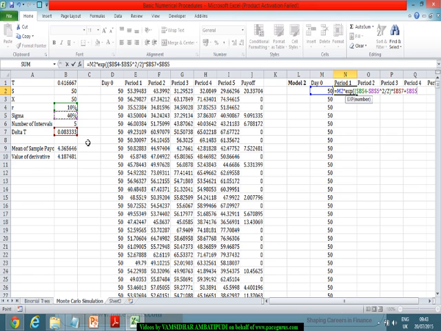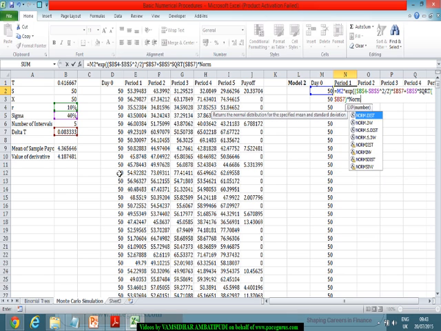Sigma square root of delta t times epsilon comes from norms inverse rand.